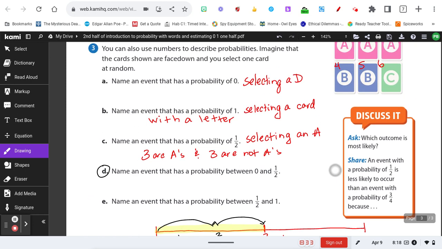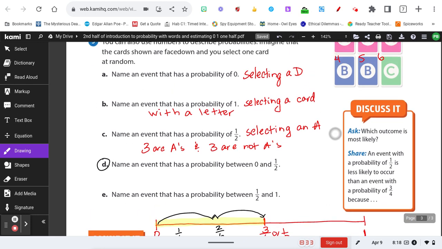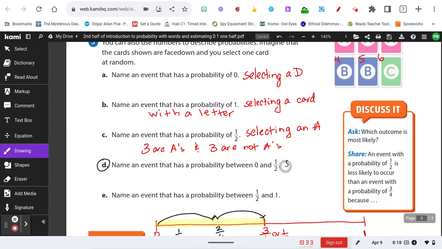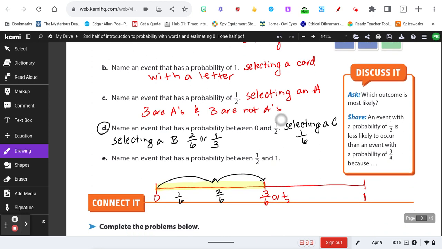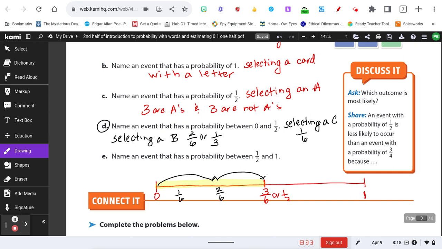That could be selecting a C. Selecting a C is 1 out of 6. You also could have put selecting a B. That's 2 out of 6, or 1/3, because you can divide them both by 2. So both of those have a probability between 0 and 1/2.